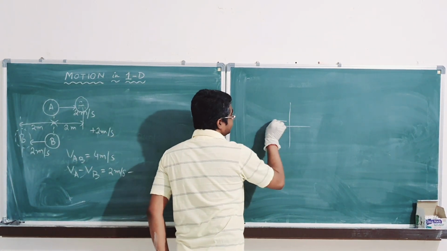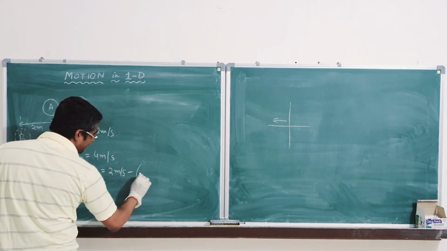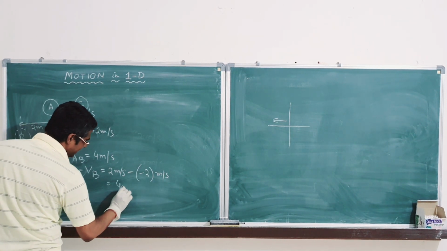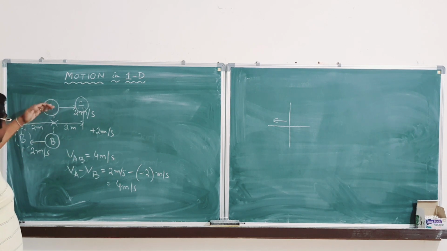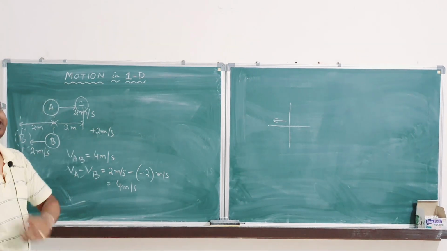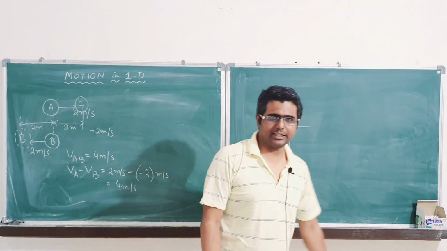Just now taught, on this side everything is negative. So this is negative, minus 2 meter per second. So this is 4 meter per second. Understood? So velocity of A with respect to B, when they are on the opposite sides, the velocity gets added. Velocity gets added. Clear, guys? I think it is absolutely clear.